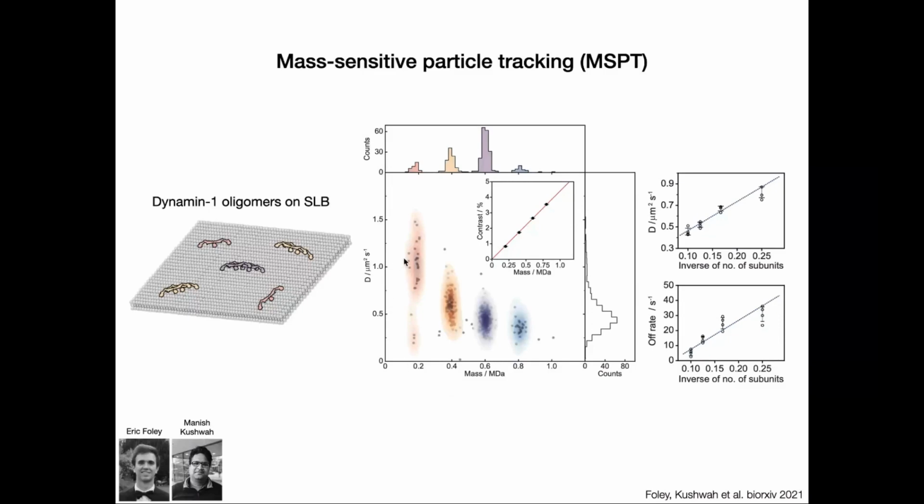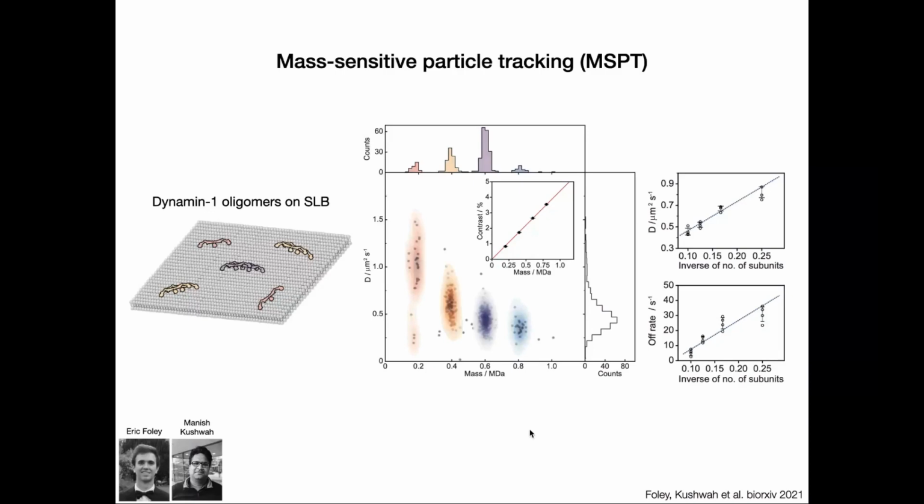But what you can also see is that the different species had different diffusion coefficients, which were inversely proportional to the number of subunits in the complex, which shows that every time a subunit of the dynamin is added to the complex, there are probably more contact sites to the lipid bilayer. From the length of the trajectories that they got, they could also estimate off rates of the complex from the membrane, which also scaled inversely with the number of subunits.